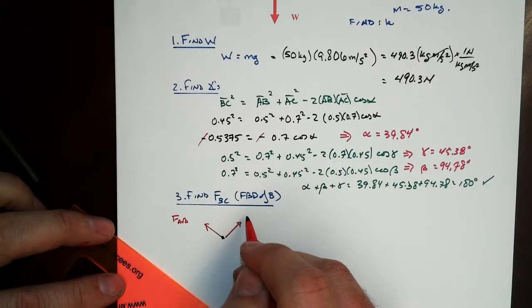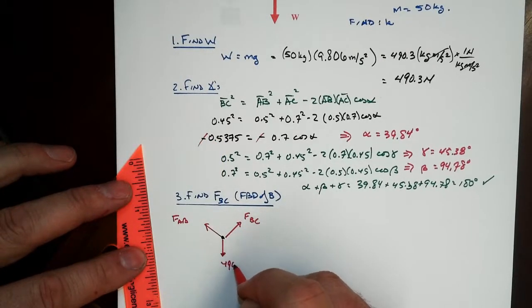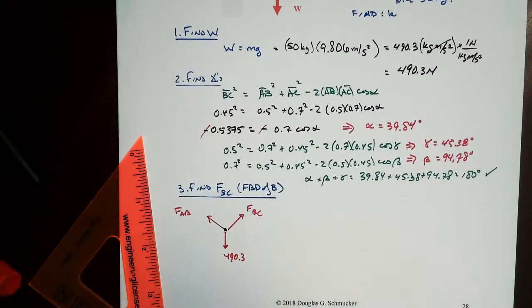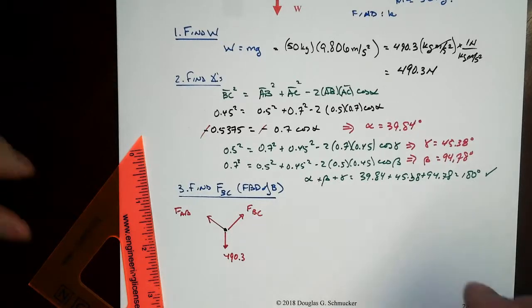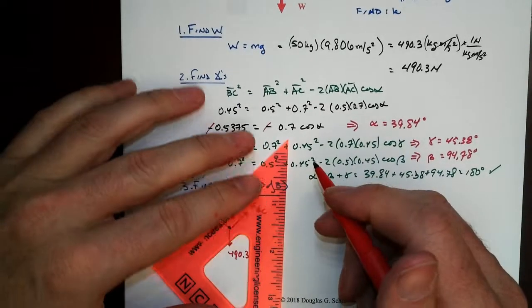There's your FBC, and here's our 490.3 newtons. Right now, we could do components requiring simultaneous equations, or we could do a force triangle. I'm going to choose the force triangle here.